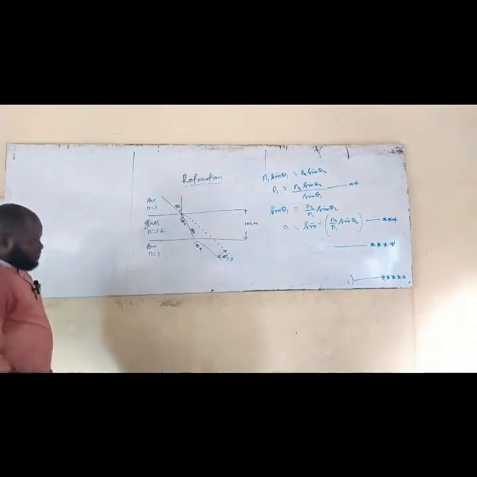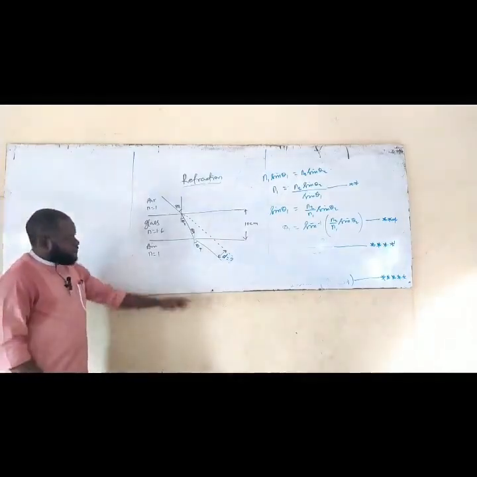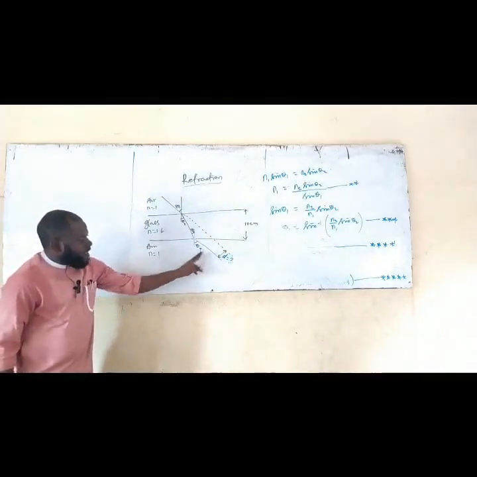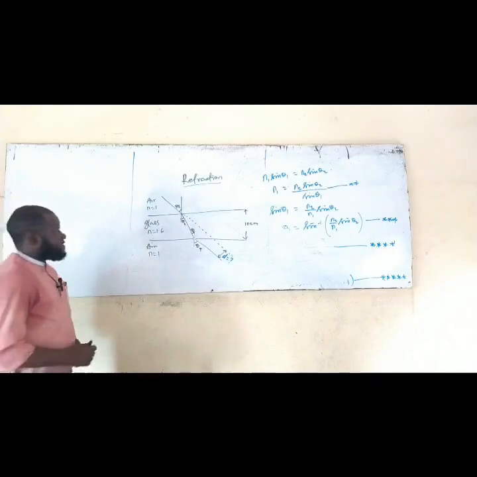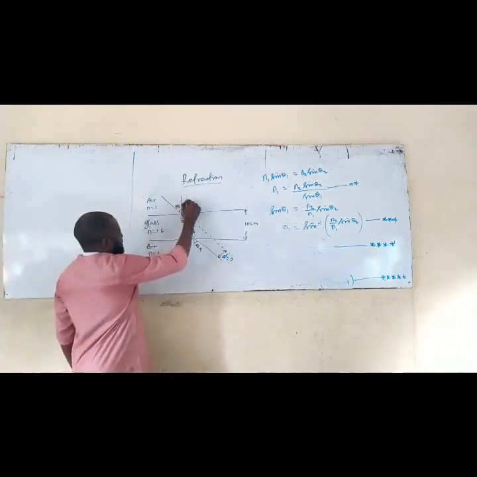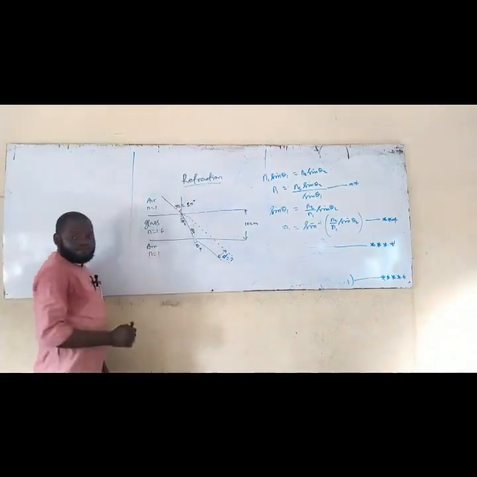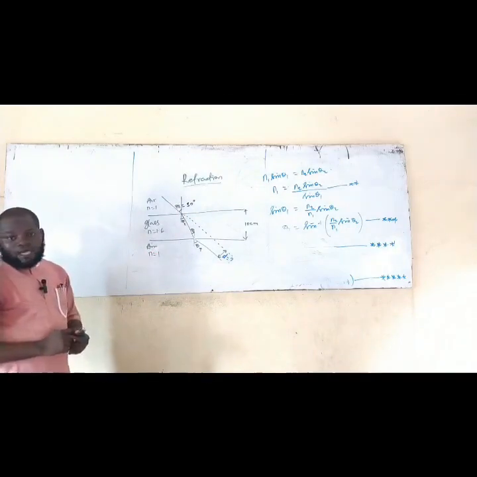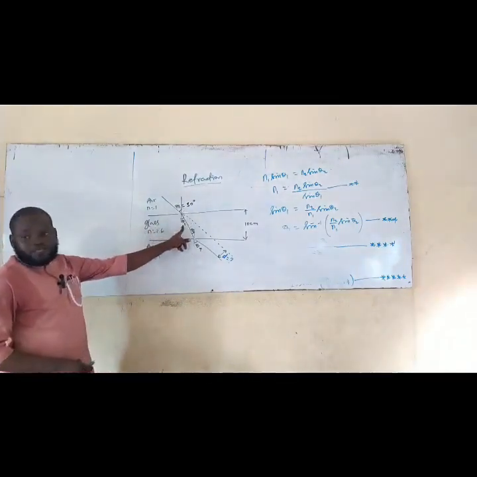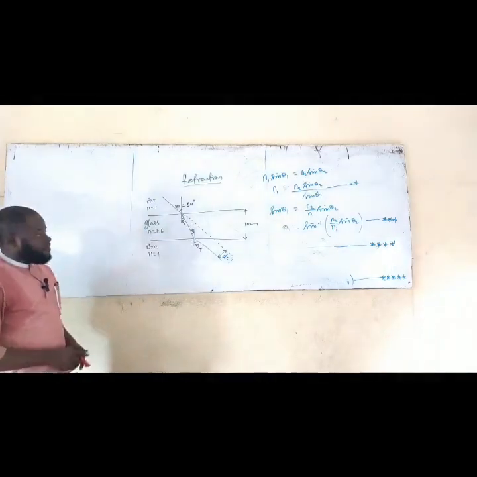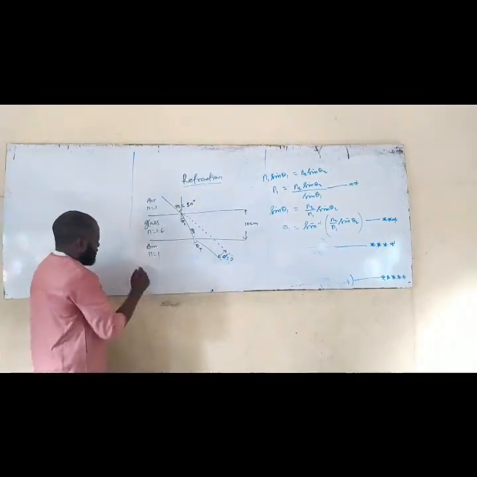Before anything, we need to find the value of all these angles. But to make our work easier, let me call this one 30 degrees. Are you following? So if I have this to be 30 degrees, what will be the value of this? I can find this using Snell's law.